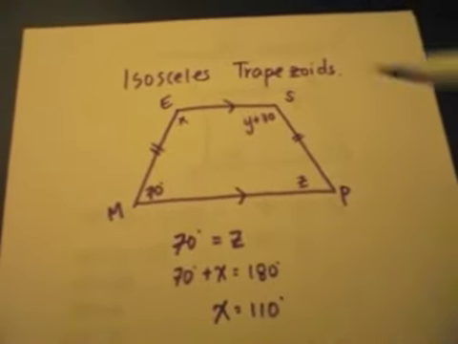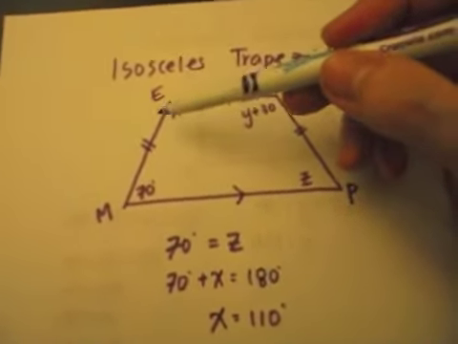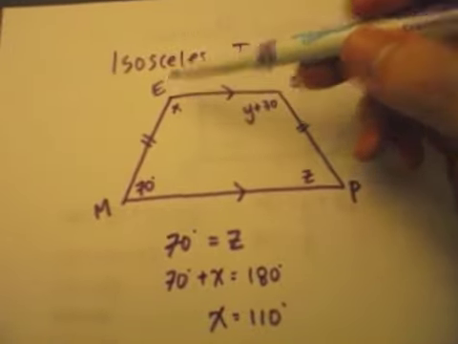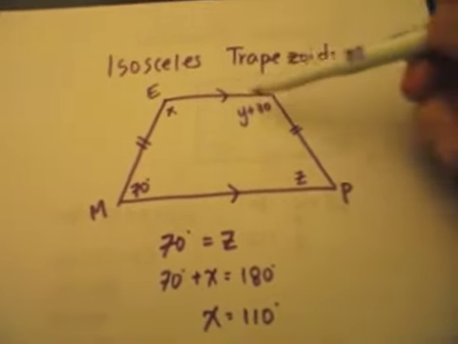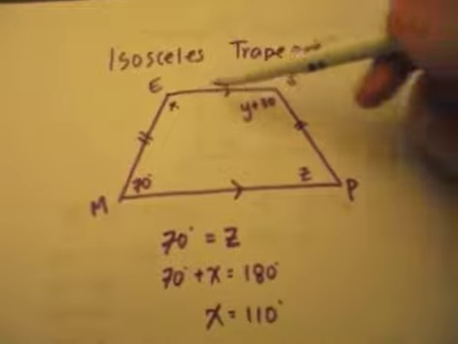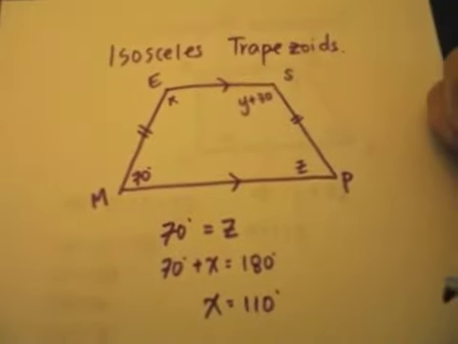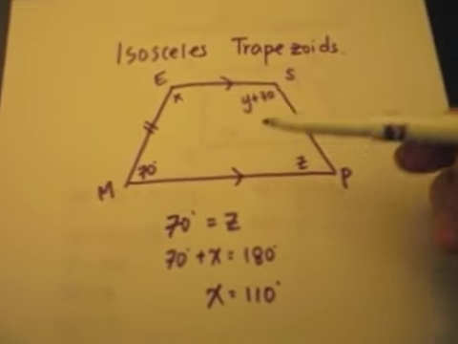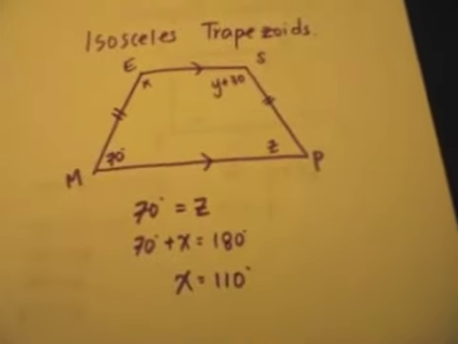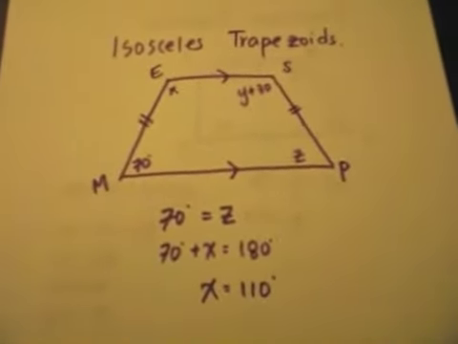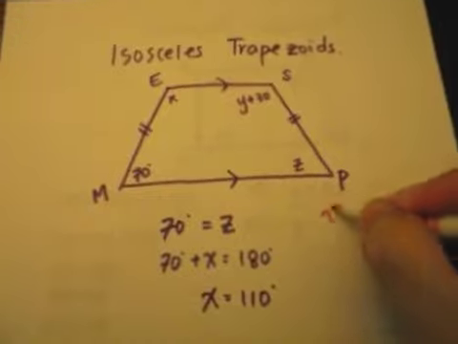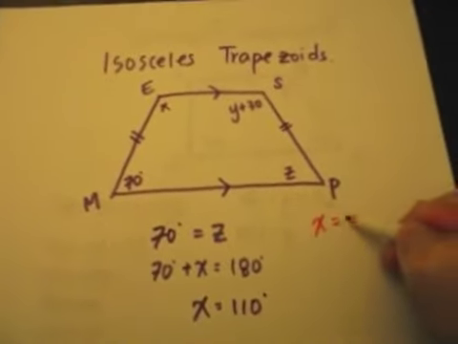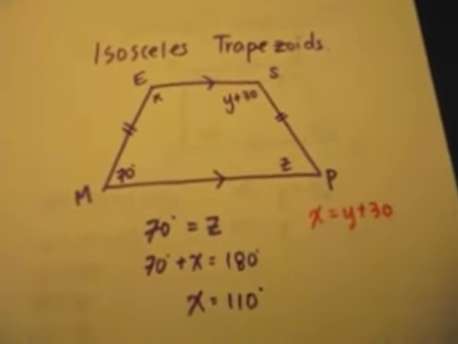What I'm going to do is use my base angles up top here, angle E and angle S. They are also base angles because they are on the same parallel line together. So I know that X, and I'll write this in red on the side here, has to be equal to Y plus 30.